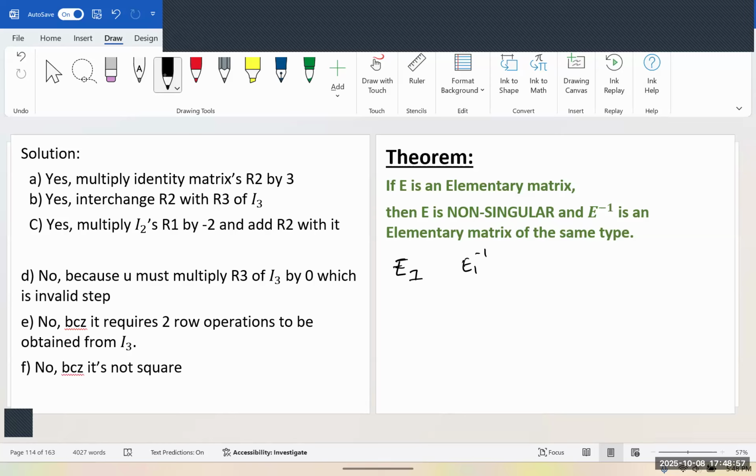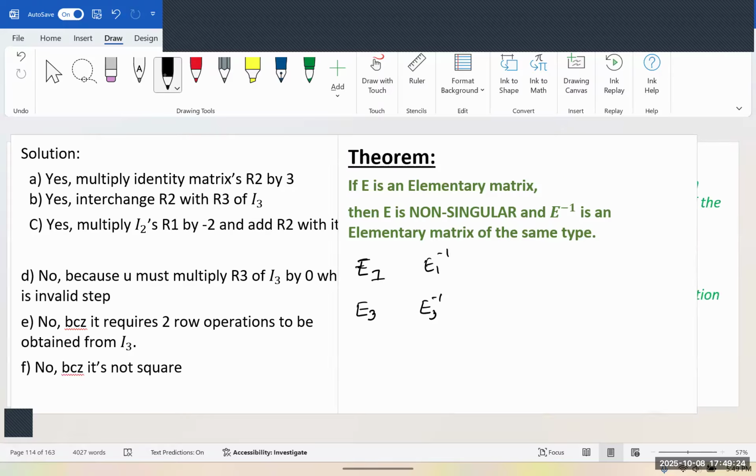If you have another elementary matrix, let's say with the third operation, multiply by a constant and then add to the other row, then E3 also has an inverse, and that inverse has the same operation: multiply by a constant and then add to another row. This is what this theorem is saying.